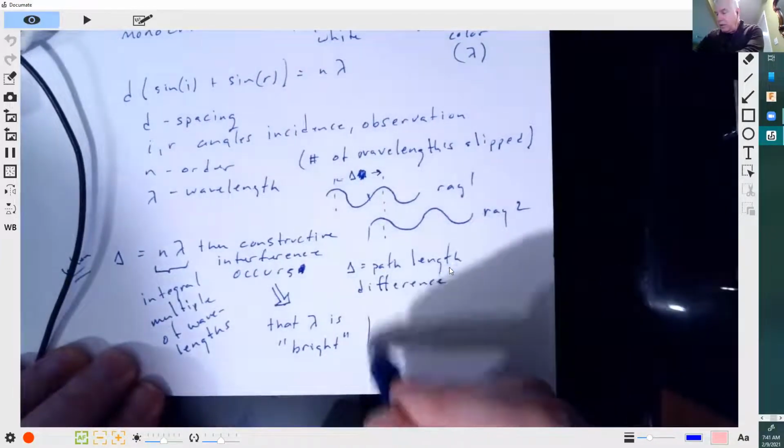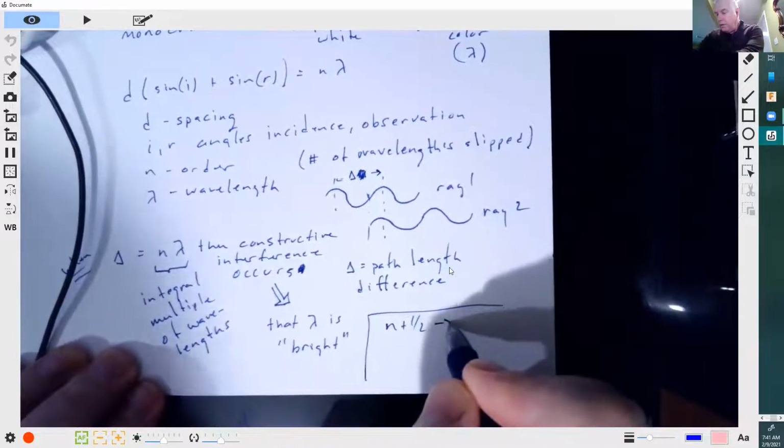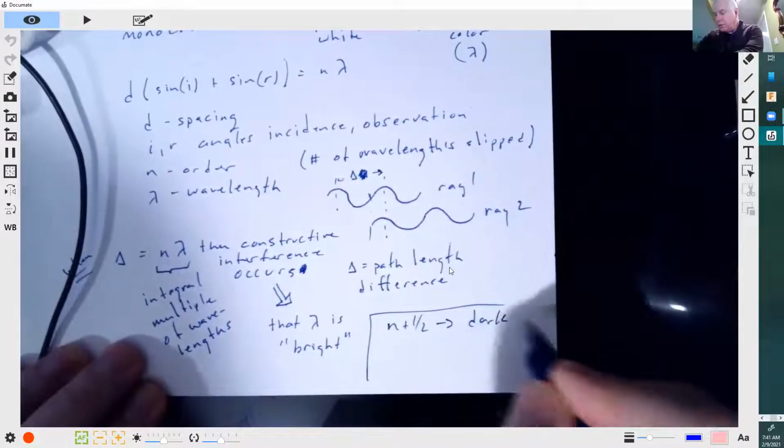And similarly, if you have n plus 1/2, then that makes a dark condition.